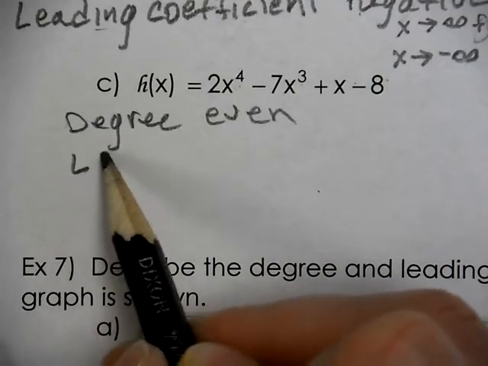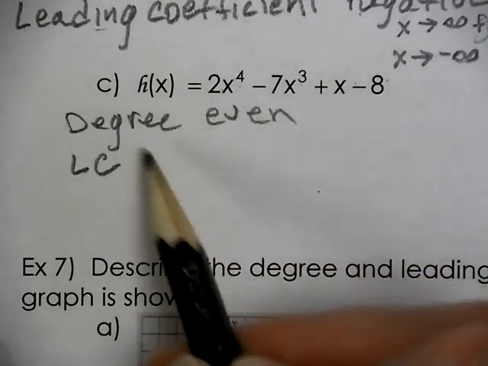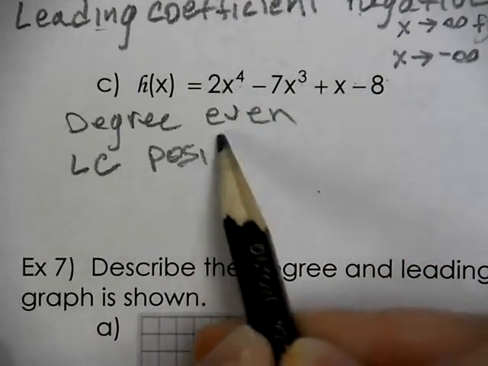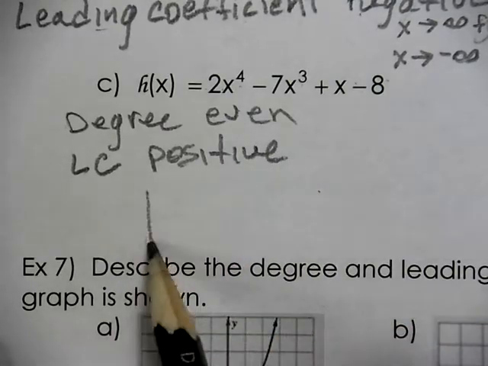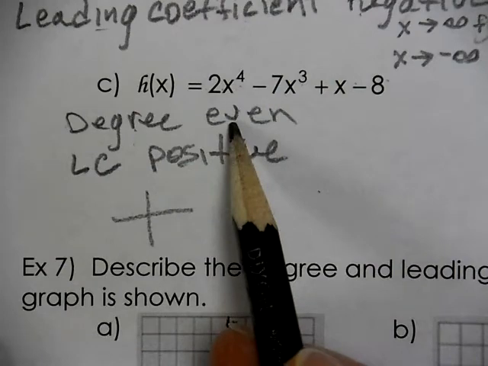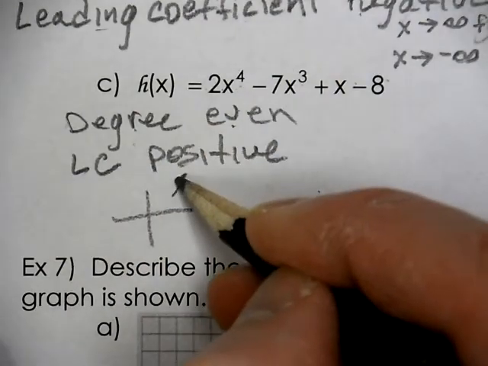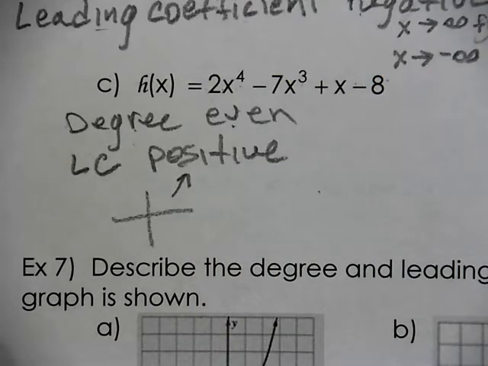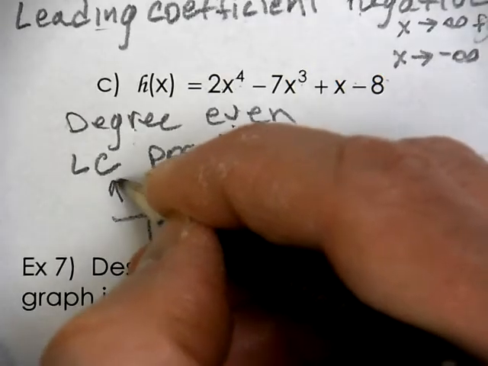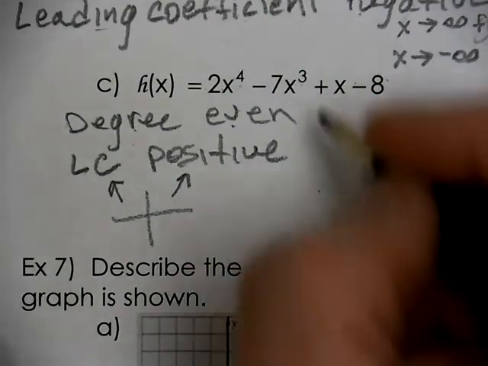And the leading coefficient, the number in front of x to the 4th, is a positive. So thinking about our graph, if it's even, that's going in the same direction. If it's positive, you know it has to be increasing to the right. So if it's going in the same direction, it has to be increasing going to the left.